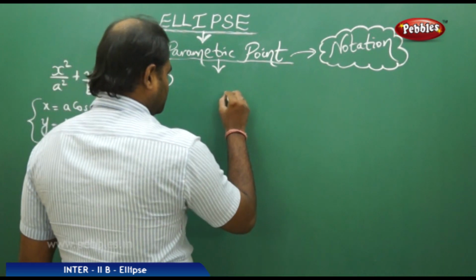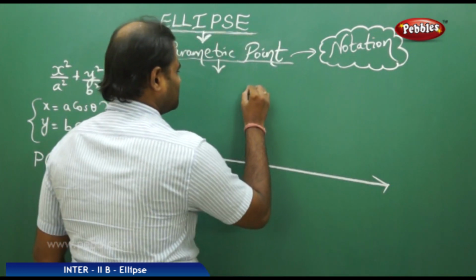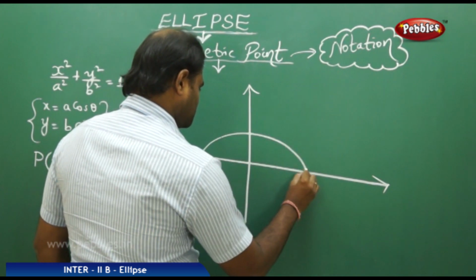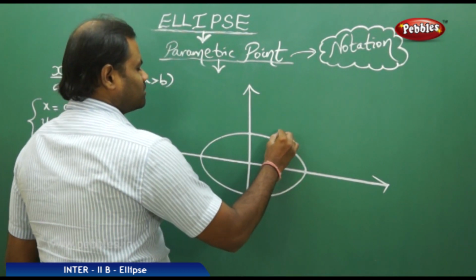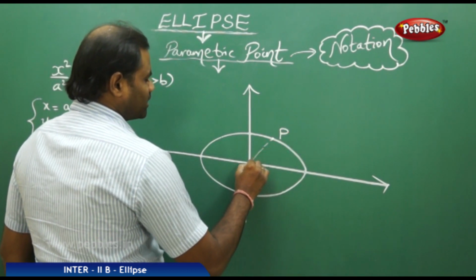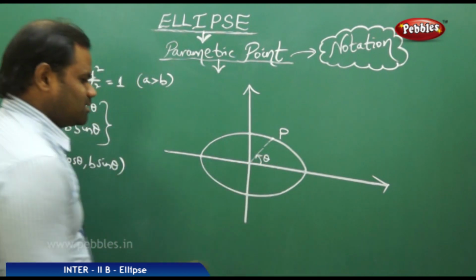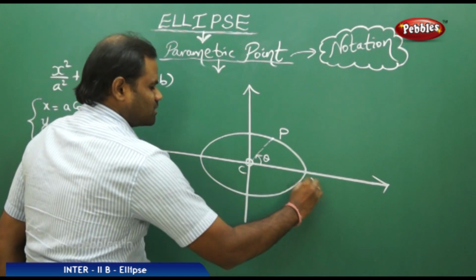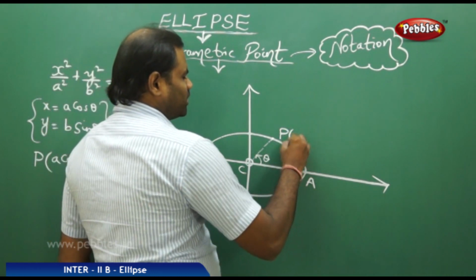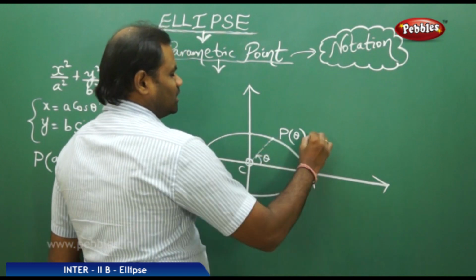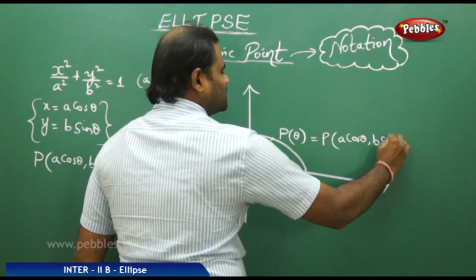So if I have an ellipse where the point P is making an angle theta with the major axis, this being the center, and this is A', then the parametric point is given by P of theta, which is P(a cos theta, b sin theta).